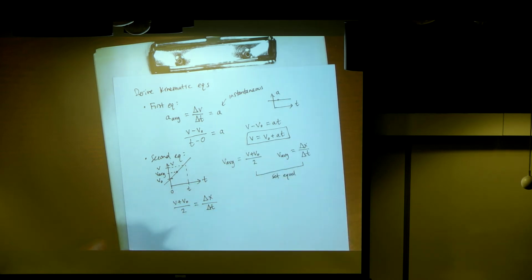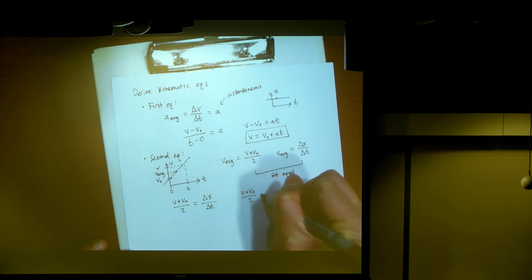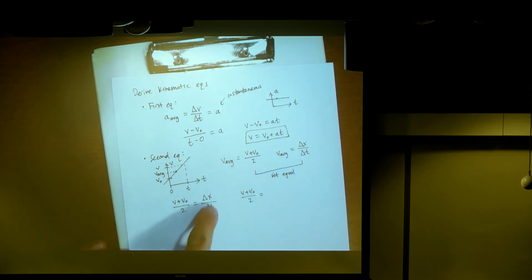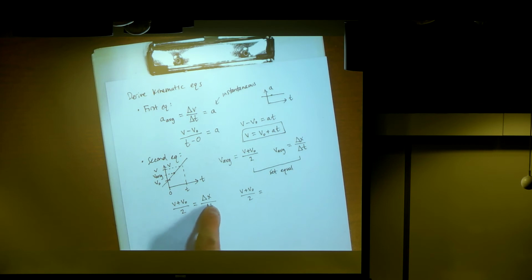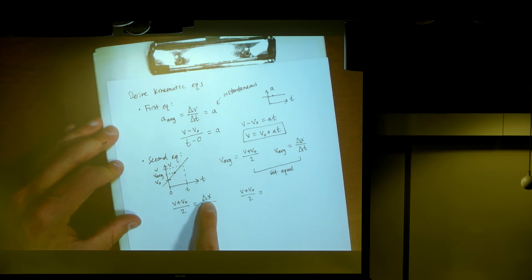So let's rearrange what we have here. I'm going to keep the left-hand side the same, v plus v0 over 2. But on the right-hand side, I have a delta x. What does it, again, mean to take the delta of a quantity? Final minus initial. This is final minus initial x.